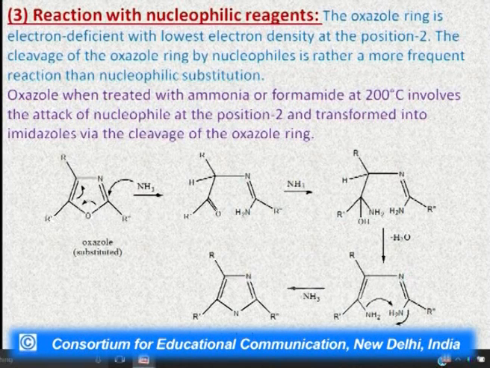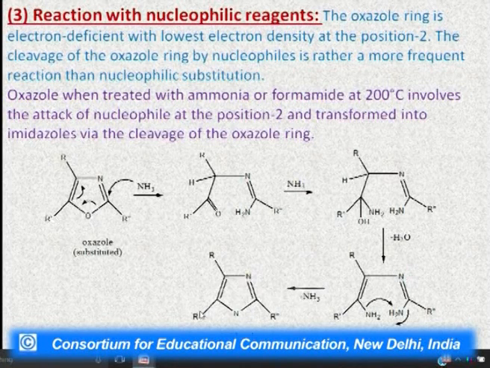Oxazole, when treated with ammonia or formamide at 200 degrees centigrade, involves an attack of the nucleophile at position number 2 and is transformed into imidazole by cleavage of the oxazole ring. First the ring will cleave and then it will transform again to give us a different azole.